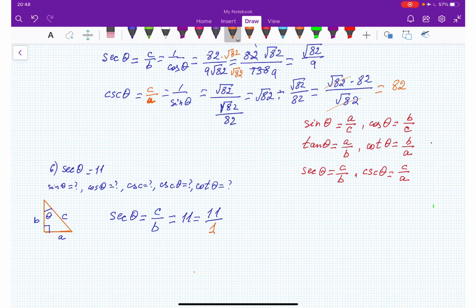So from here, I can say that C is equal to 11 and B is equal to 1.